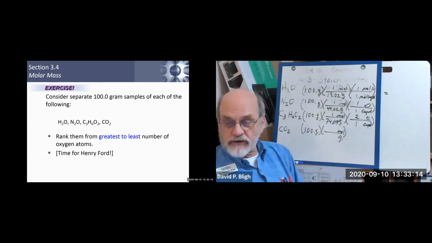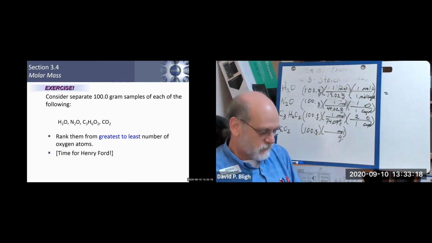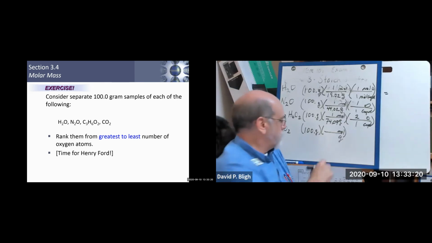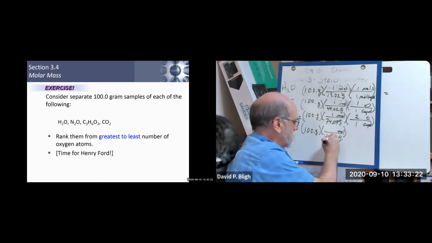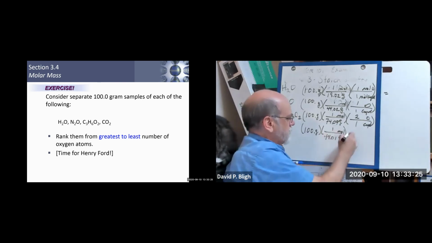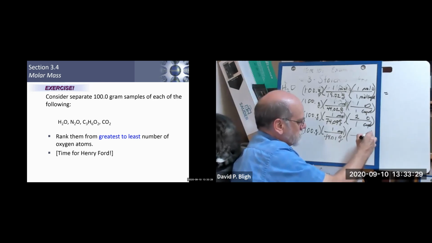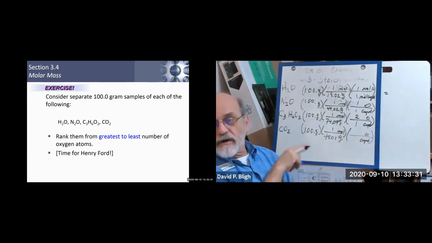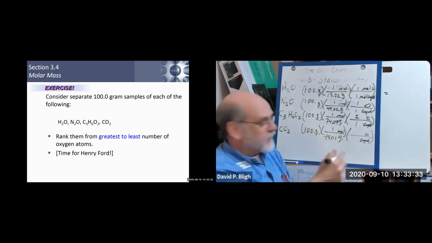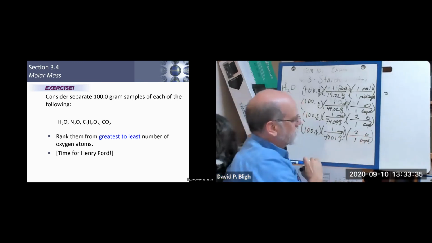And we have 2 oxygens, which is 32, 16 plus 16. So that's 44.01. Okay. Now we do the oxygen. So we have 2 oxygens for every mole of carbon dioxide. There we go.